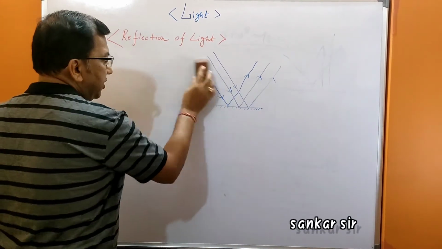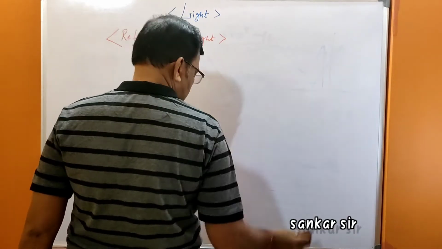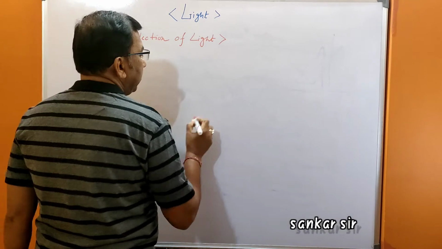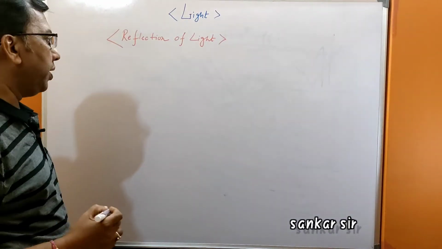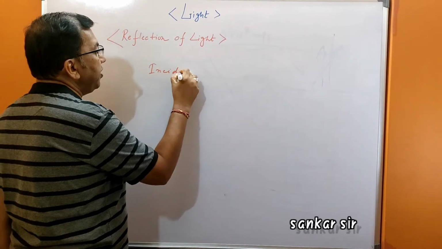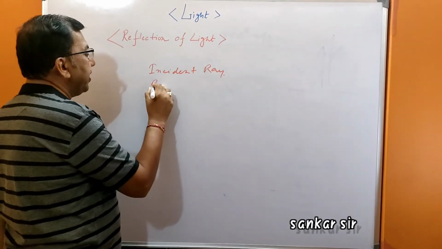What do we see in the reflection of light? In case of reflection of light, you have to remember the incident ray. What is the incident ray? What is the reflected ray?